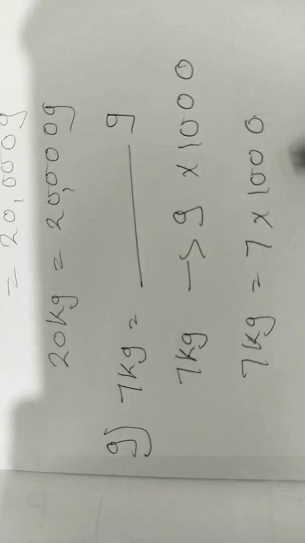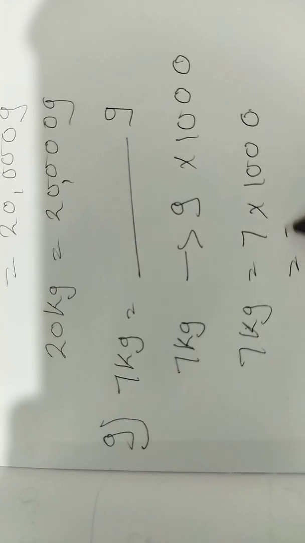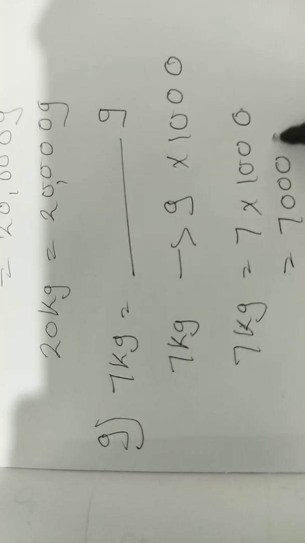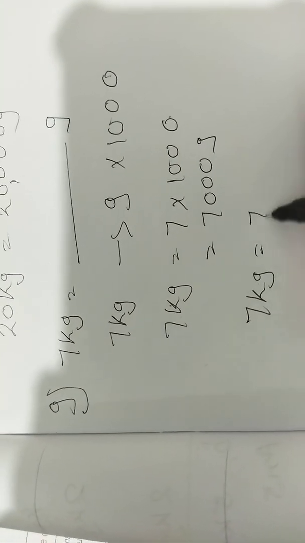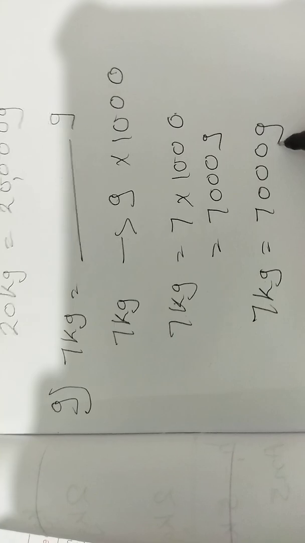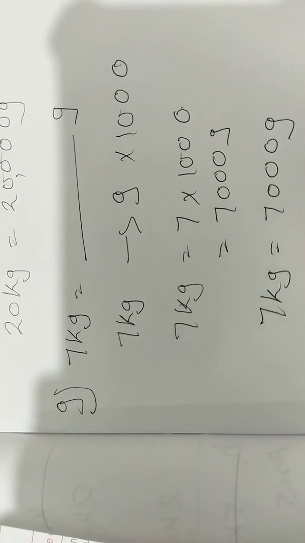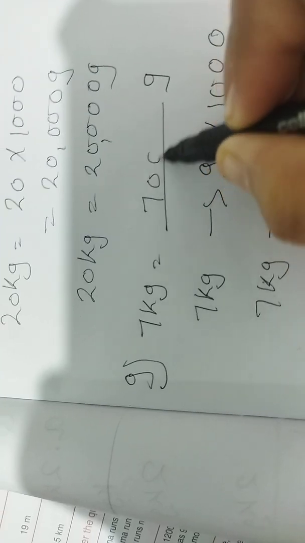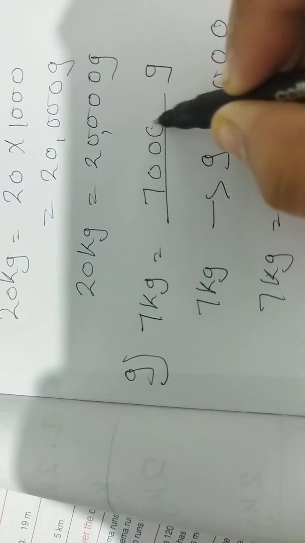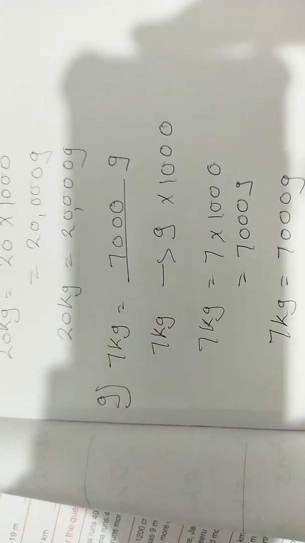So here we write 7000 grams. The answer is 7 kg is equal to 7000 grams. So what do we write here? 7000. What do we write here? 7000 grams. Now look at both the sums, everyone, and write it down in your notebook.